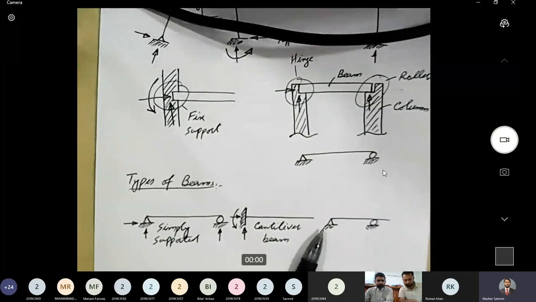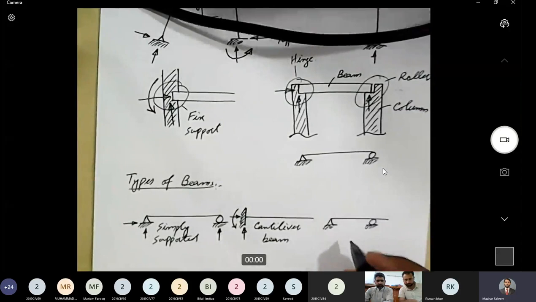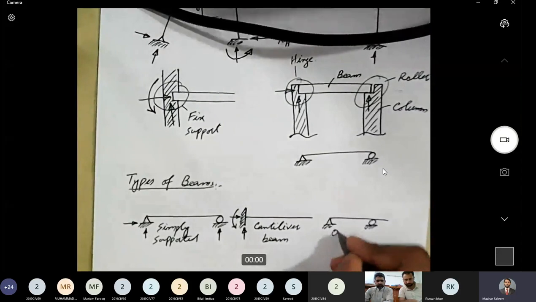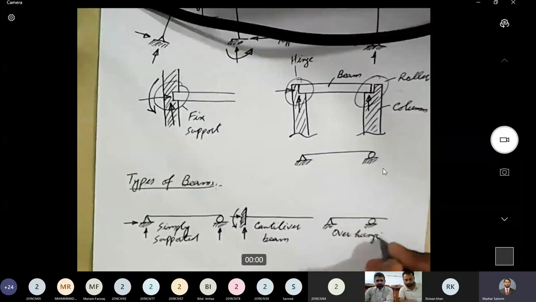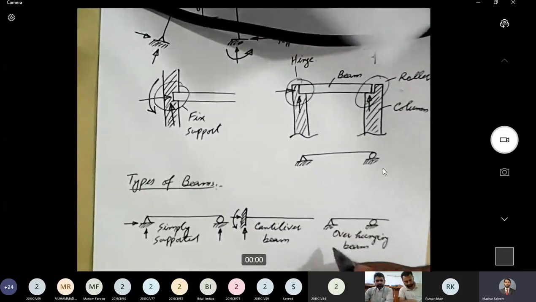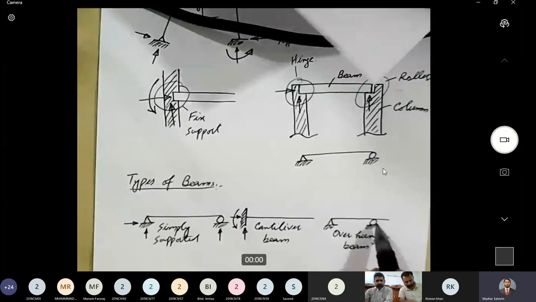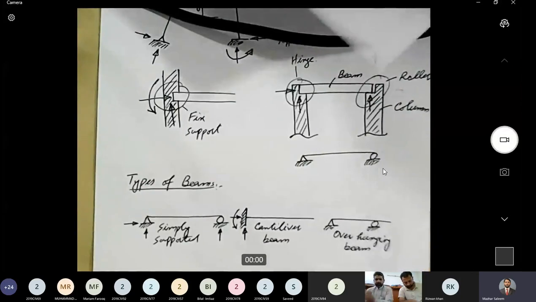All right. Okay, so we were talking about the types of beams. This type of beam is termed as an overhanging beam. Now, what is an overhanging beam? In an overhanging beam, either one or both ends of the beam are projected beyond the support.